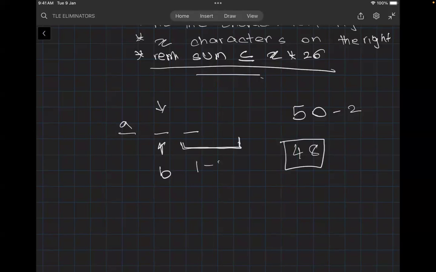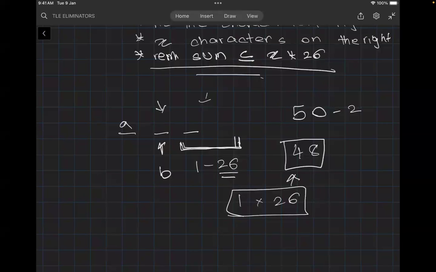Since the characters only lie from 1 to 26, the largest string I can make is the number of characters here into 26. Currently there is one character, so 1 into 26 is the maximum sum that is possible. And 48 is greater than 26, so it is not really possible.